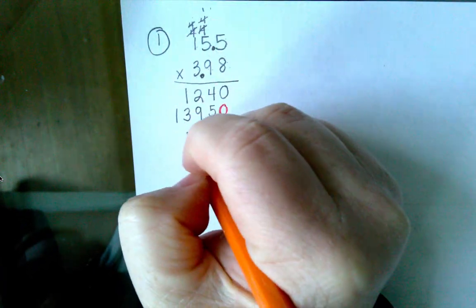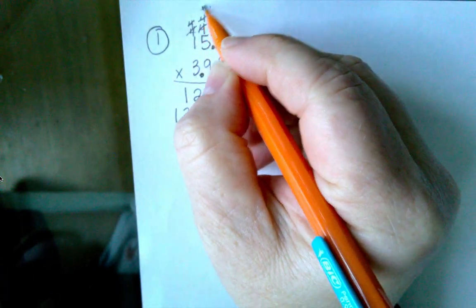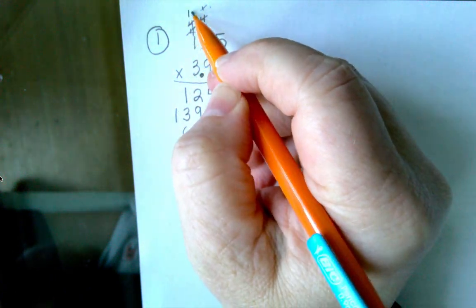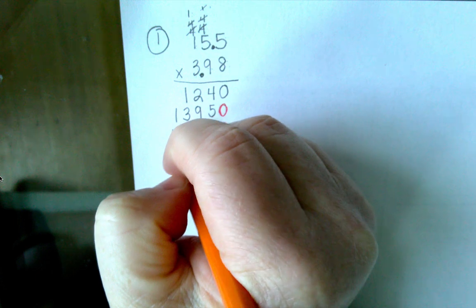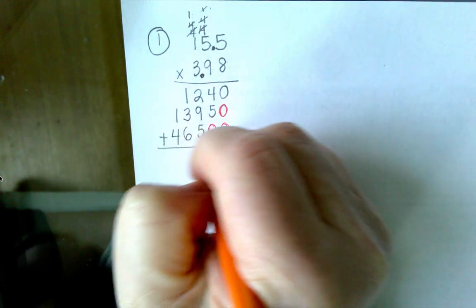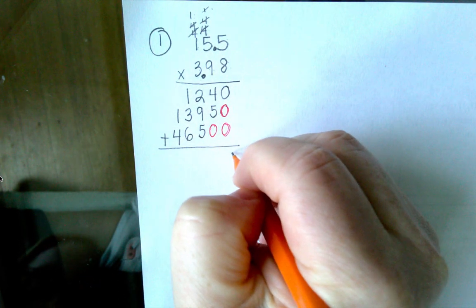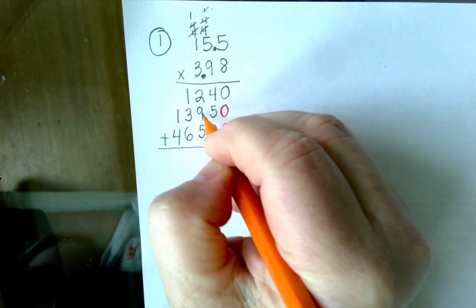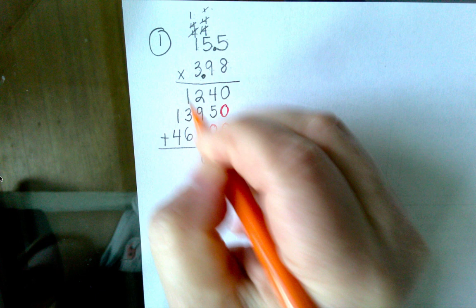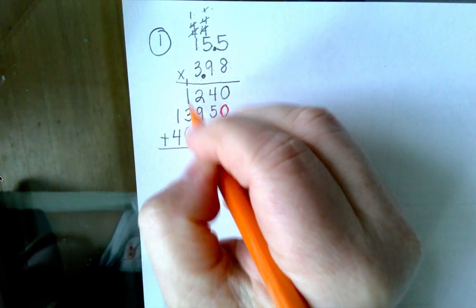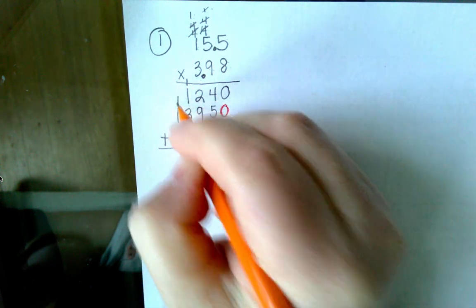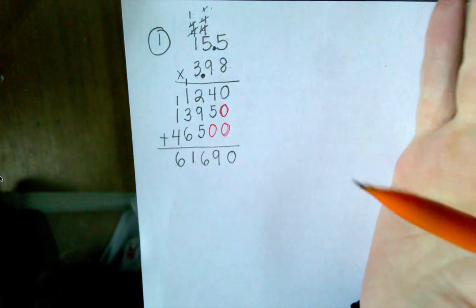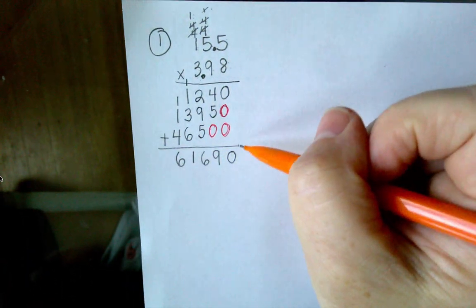Plus 1 more is 16. Cross that out. Carry this 1. 3 times 1 is 3. Plus 1 more is 4. And we're going to add that all together. So my zeros, 9, 11, 16, 9, 10, 11, 4, 5, 6. Okay, so I have a product.